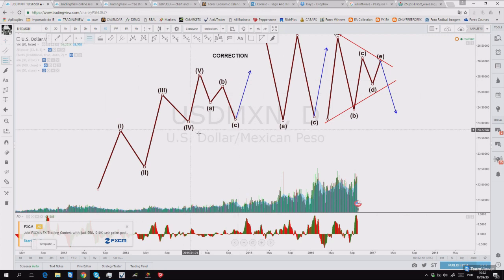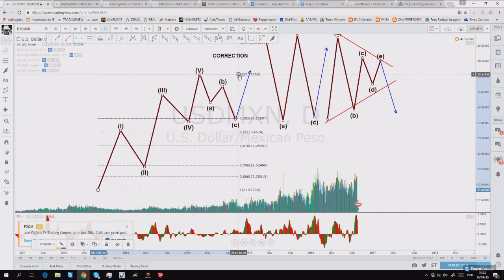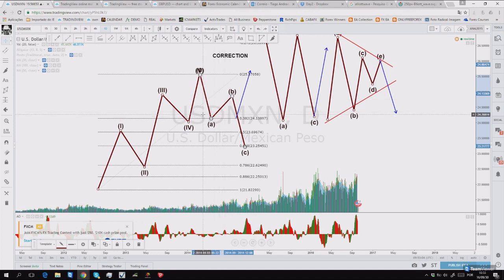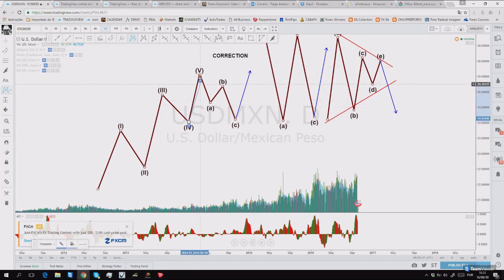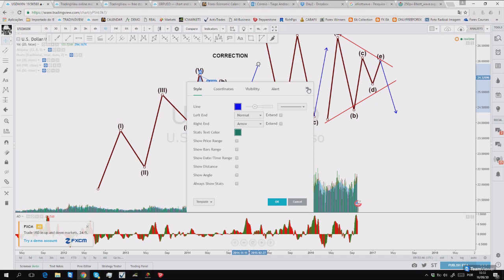On a larger time frame, all of this could retrace between the 38.2 and the 1.8. So you could have something like this. But if we do have this, and this is for you, Daniel, what does this look like? Yeah, it can be any kind of pattern.